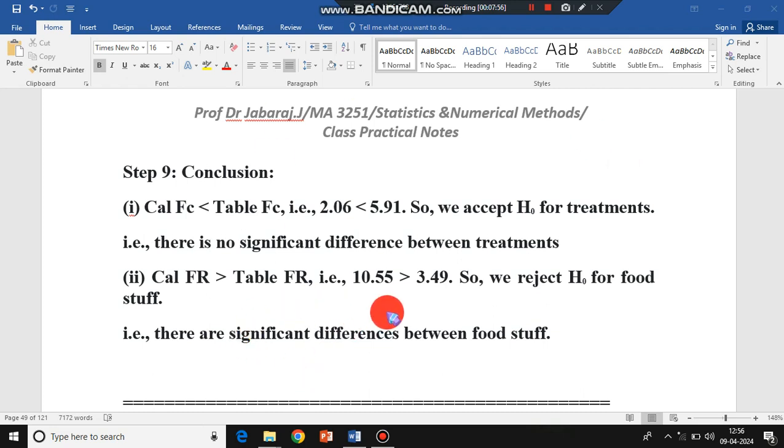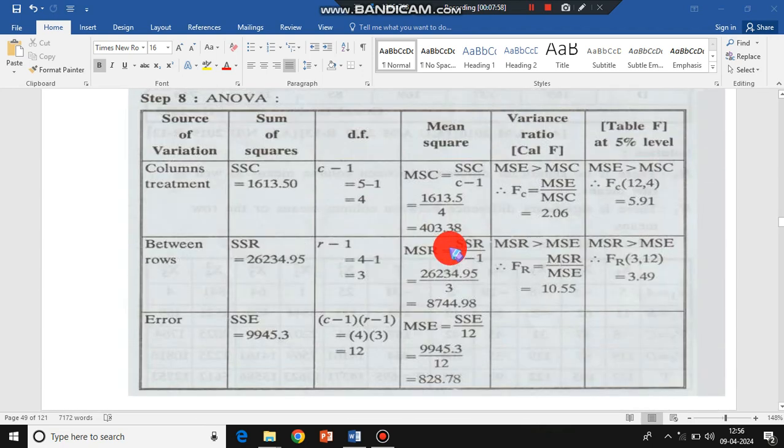Okay, so if you take these two values from the table, the calculated value of F row wise is 10.55. That is the calculated value of F row wise.